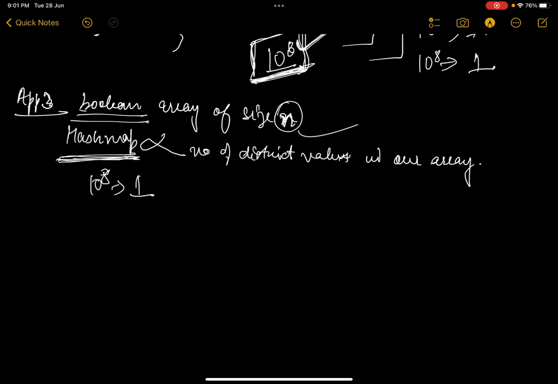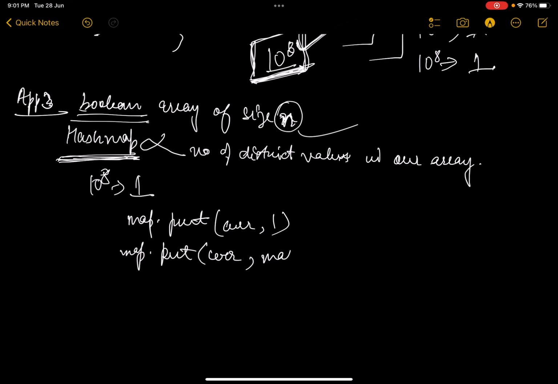What a hash map does is, suppose you have a map dot put. You put a value current comma 1. Now again, you have multiple functions like put current comma map dot getOrDefault current, plus 1.